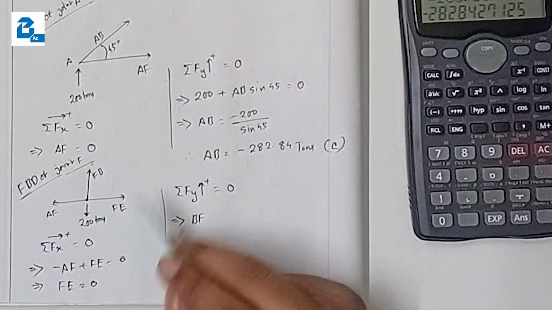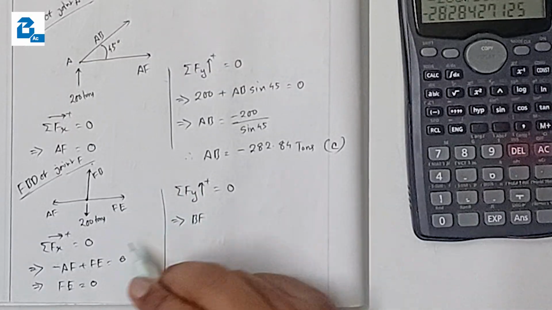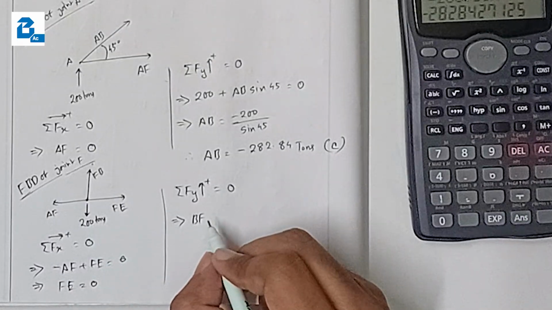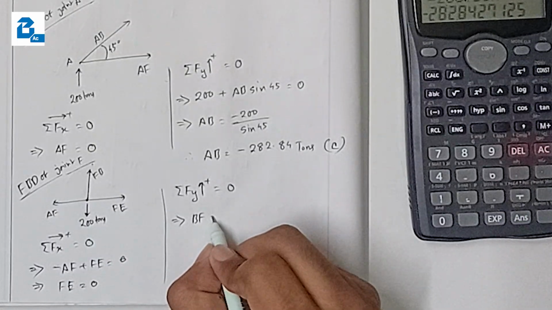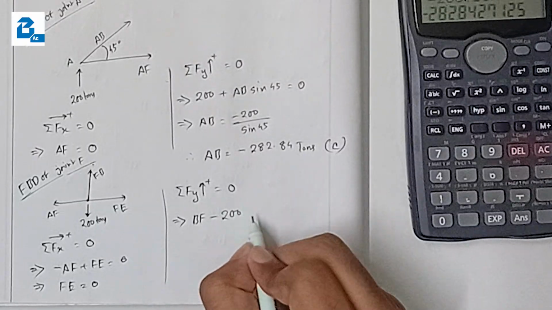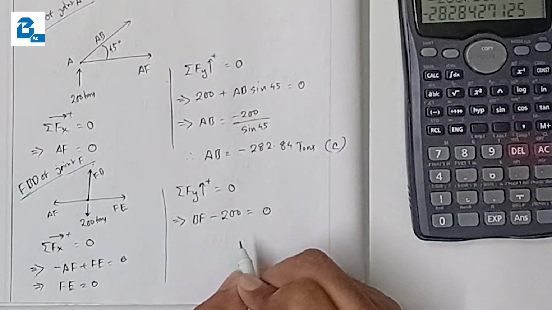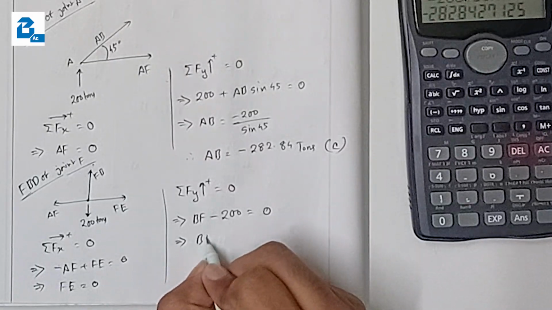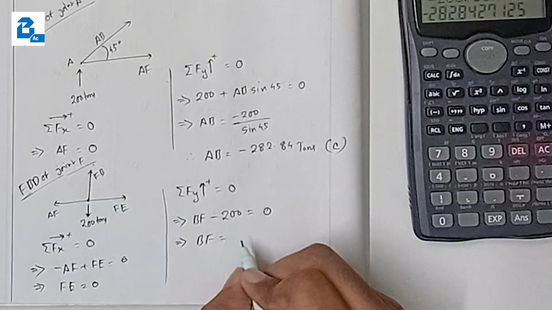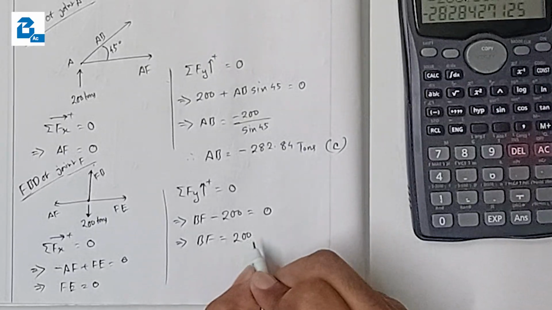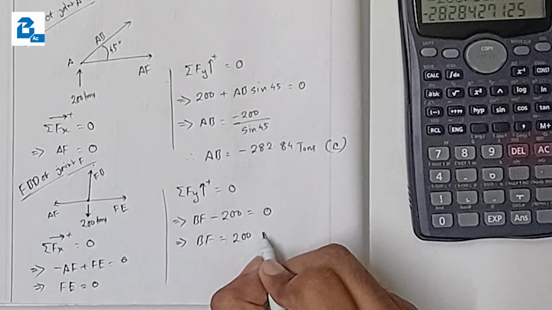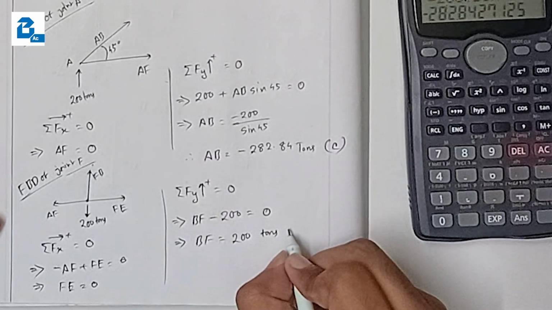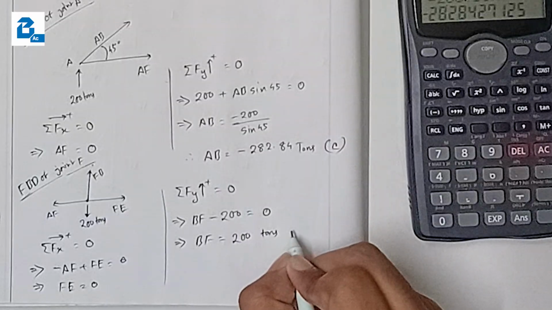BF is acting upward, so we take it as positive, and then 200 tons is acting against it in the downward direction, so it is negative 200, equals 0. So BF equals 200 tons. And since this is positive, we can say that the BF member is in tension.